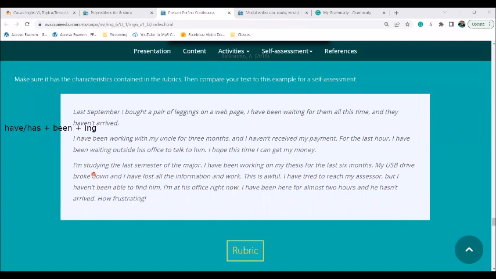I have tried to reach my advisor, but I have not been able to find him. I am at his office right now. I have been here for almost 2 hours and he has not arrived.